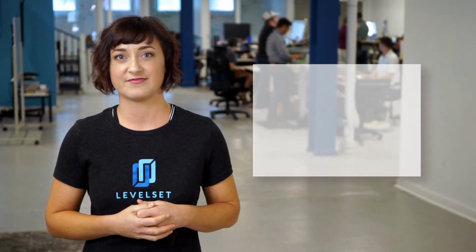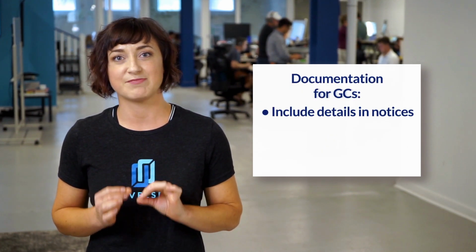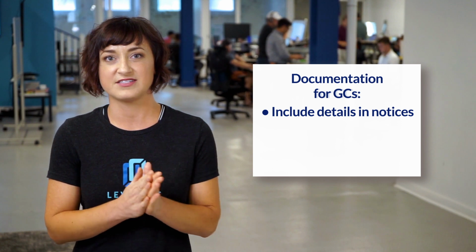So even if notice isn't required by your contract, it is in your best interest to keep communication as open as possible. Other than clear communication, thorough documentation is essential, whether you're the GC or the sub. If you're the GC, be sure to include as much detail as possible when sending a notice of defective work.